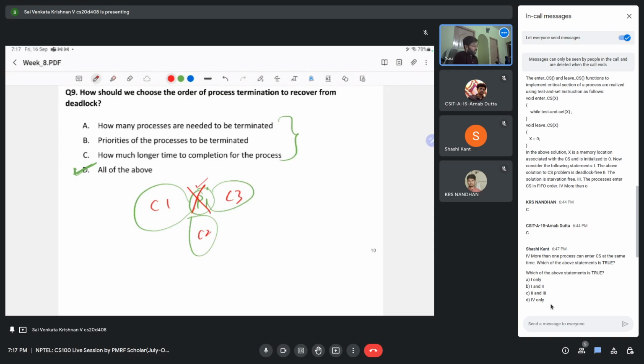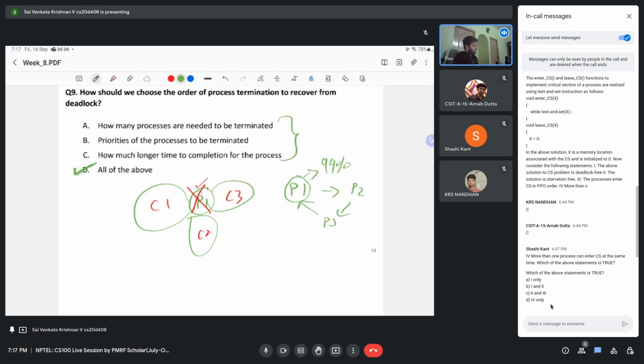And also say in another case P1, P2 and P3 form a cycle and deadlock is there, and now I am selecting P1, but it's a case that P1 has finished around 99% of its execution and just 1% is remaining.